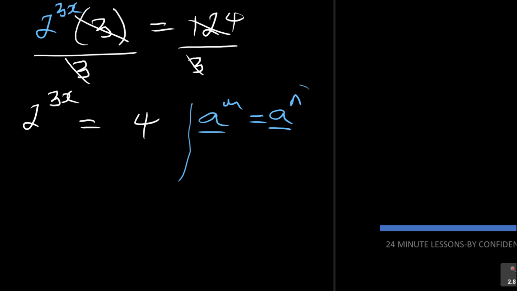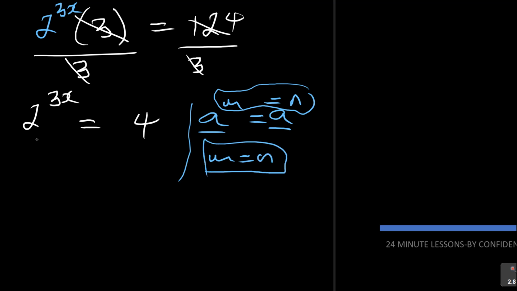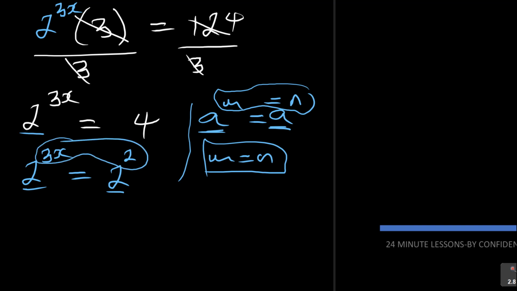Bases are the same, you equate the exponents: m is equal to n. So same thing, 2, but 4 is 2 to the power of 2, so that I match the base 2. 2 to the power of 3x is equal to 2 to the power of 2. Therefore, you equate the exponents. Therefore 3x is equal to 2.